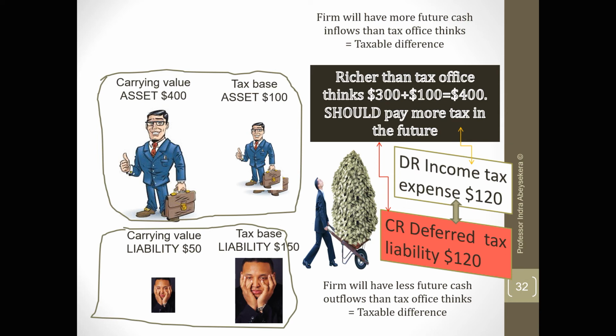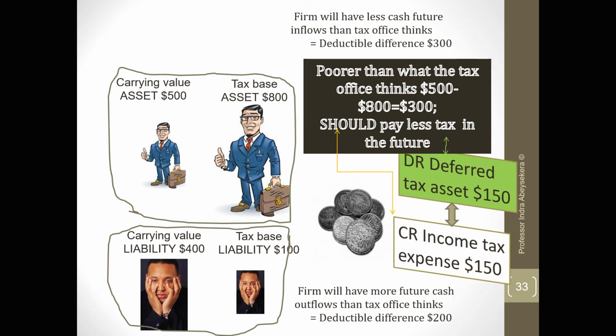When it comes to liabilities, if the company has lower liabilities but the tax office assesses higher liabilities, then that shows the company is richer, that it has fewer liabilities. If the value of the asset is lower than the tax base, then the company is poorer.